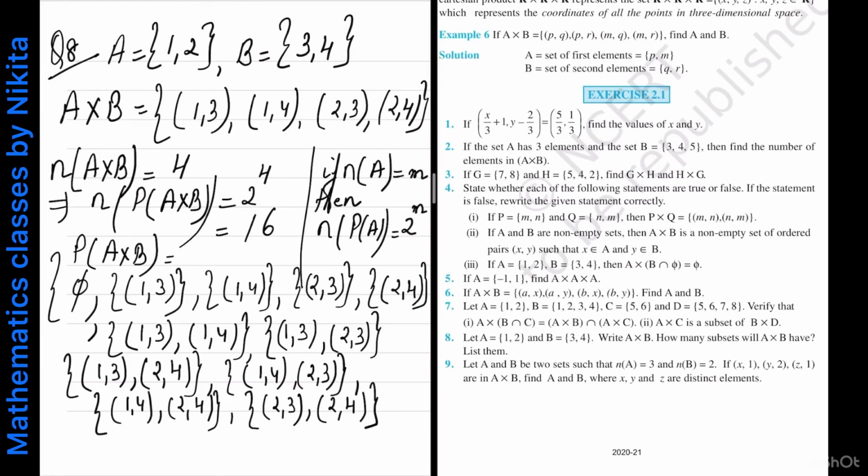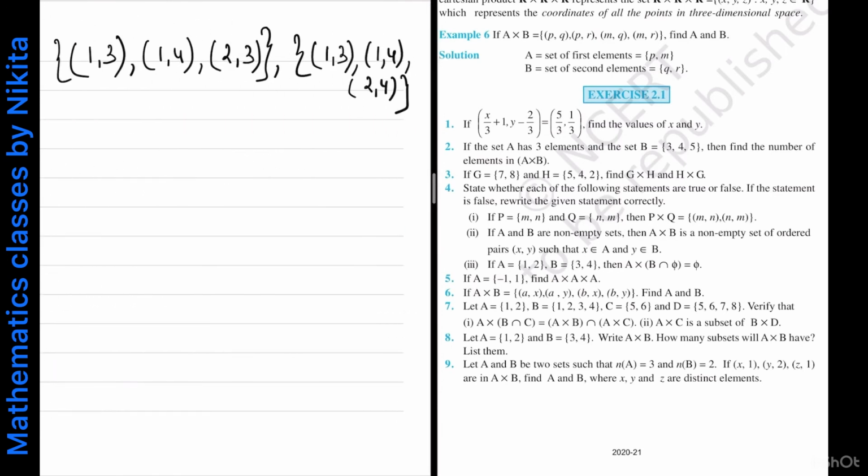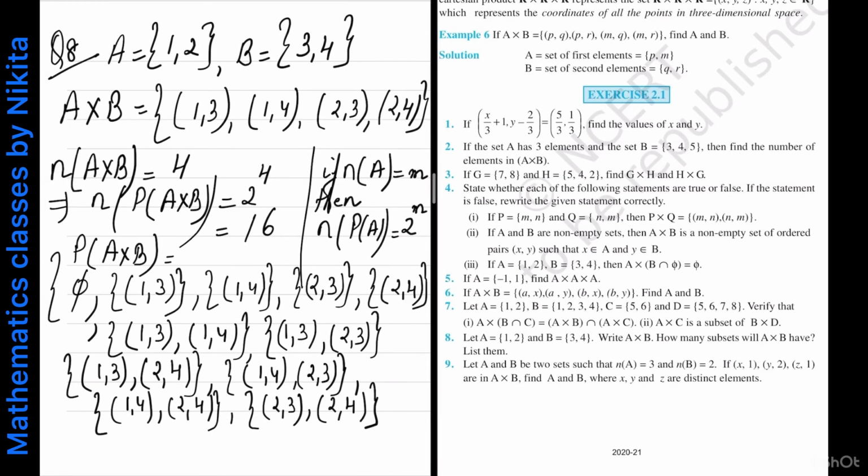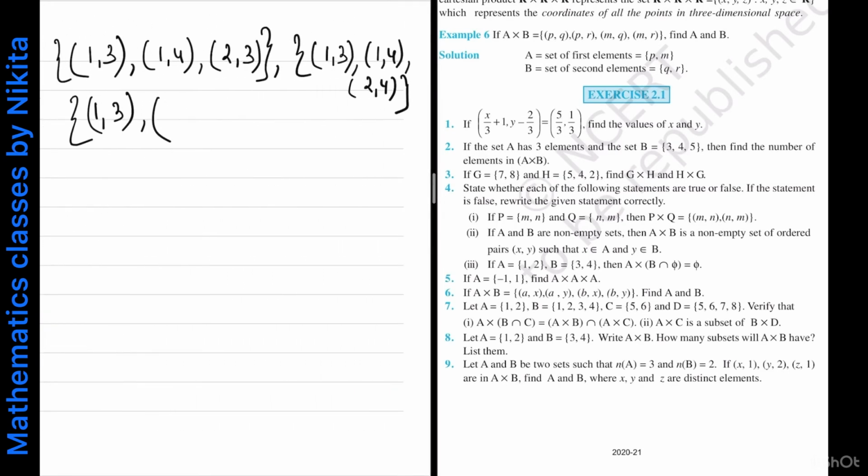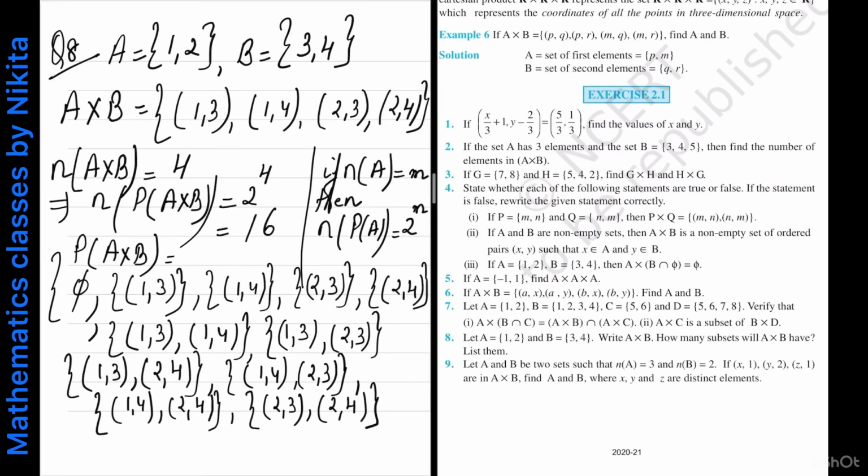Now next will be (1,4), (2,3), (2,4). So I have written 3 subsets containing 3 elements.